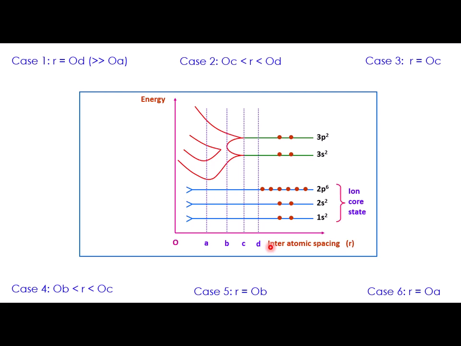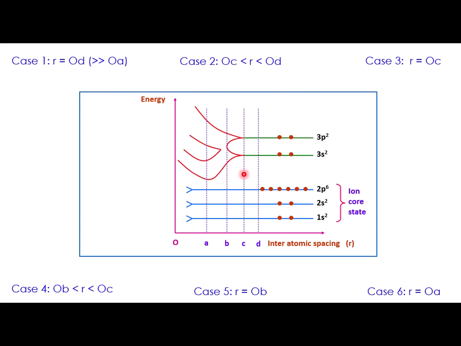Now, if you decrease the interatomic distance of separation further, in this region you will see a tendency of modification. Still there is no modification, but the energy levels are going to start modifying. At exactly R equal to OC, at exactly this position, the energy levels start spreading.